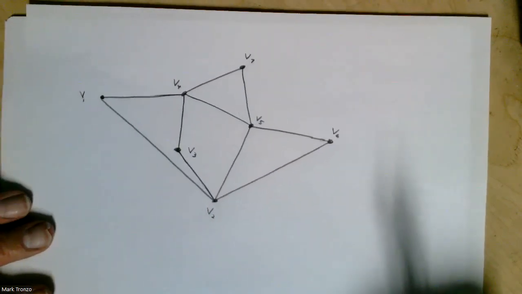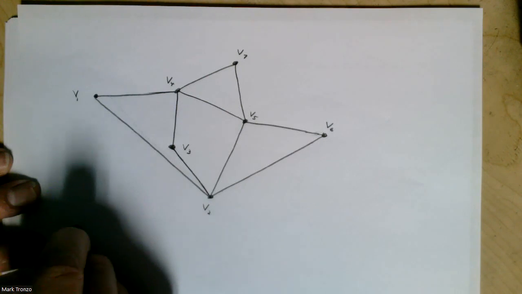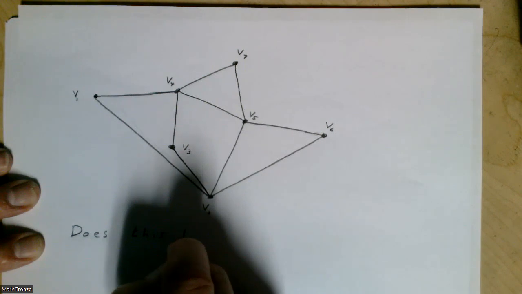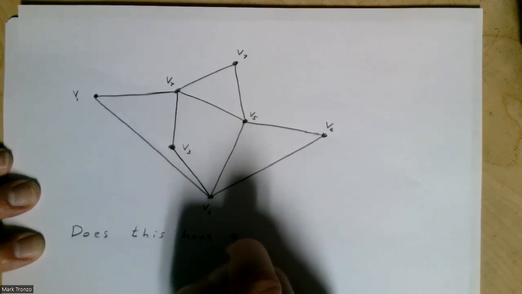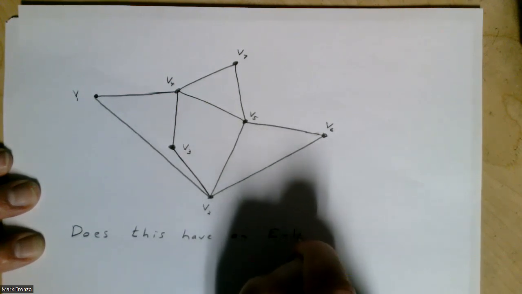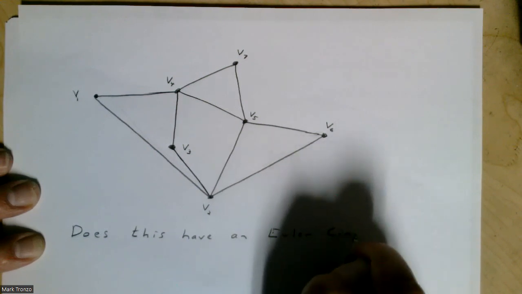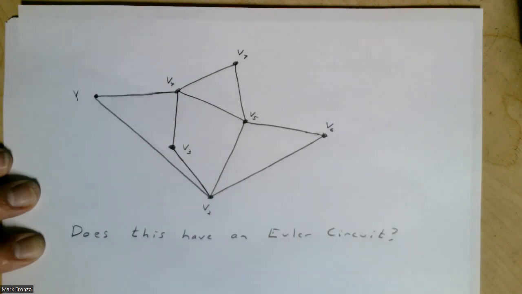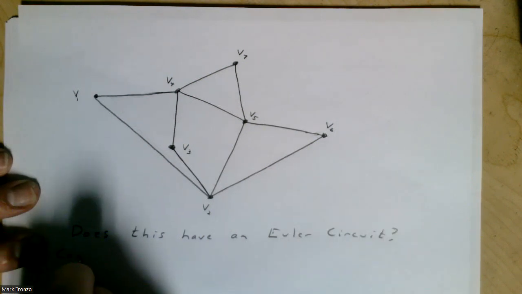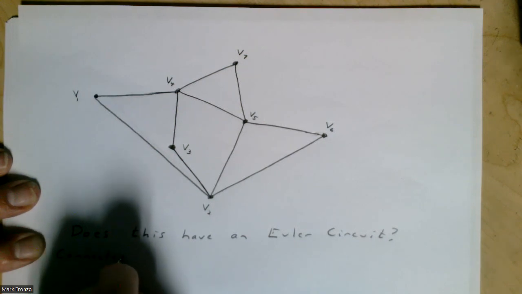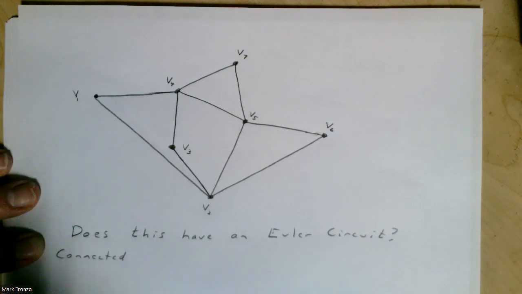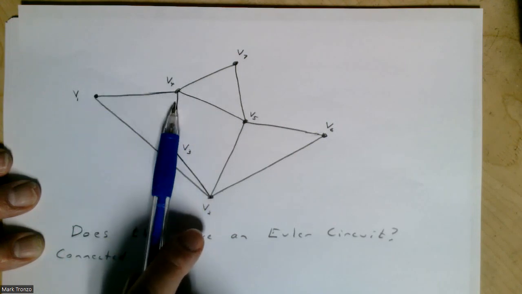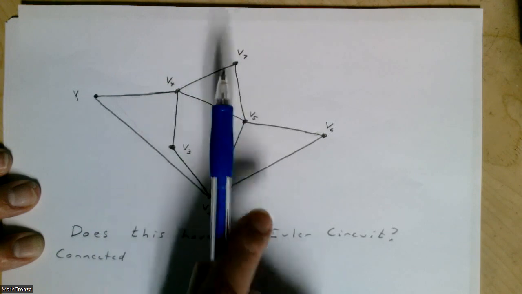And how about this one? Take a look at this one. Does this have an Euler circuit? So it's connected. And let's check the degrees. Degree 2, that's even. How about this one? 1, 2, 3, 4. Degree 4, that's even.